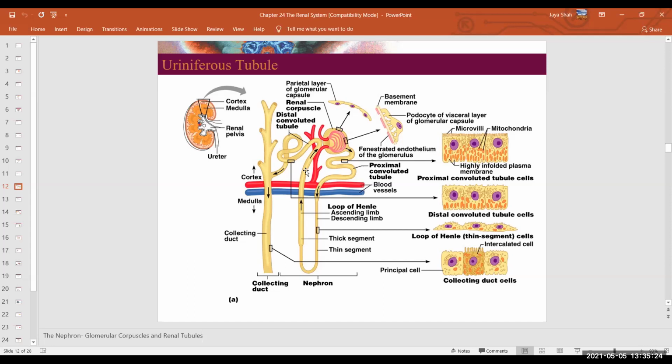Now what happens? Such nephrons are in the tens of thousands in each pyramid. So you see, they all are joining from all sides. And if you go into physiology, you're going to see the region of the kidney outside and inside is totally different from each other.